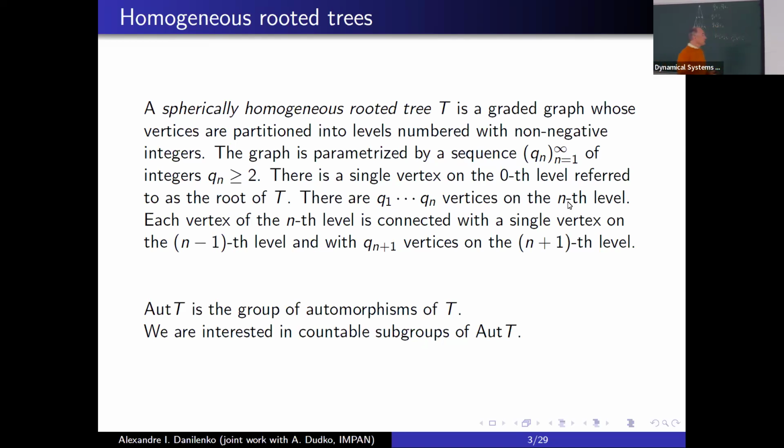And we are looking for bijections of this graph which preserve the structure of the graph. All such bijections are called automorphisms, a group of automorphisms of T. And we'll be interested in countable subgroups G here.